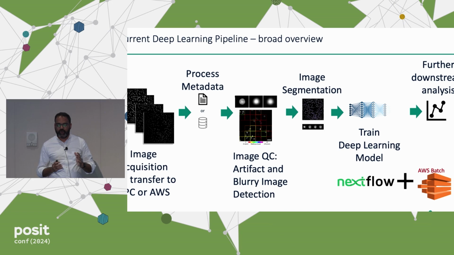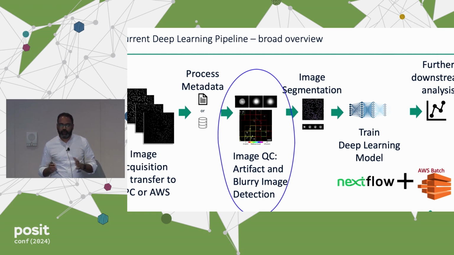Once we have that information, we train a deep learning model. And then we can do further downstream analysis. So this whole pipeline is built in Nextflow, that's a workflow manager, and deployed in AWS. But today, I'm mainly going to focus on the image QC part, because that's how you can avoid GIGO.